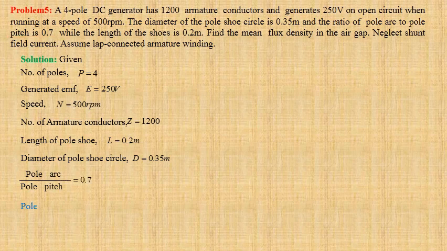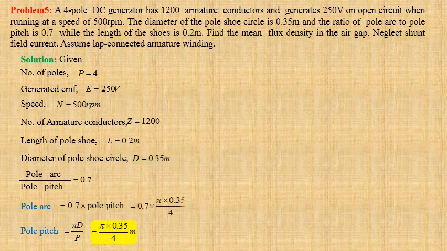Therefore, pole arc equals 0.7 into pole pitch. Let us now determine pole pitch, that is equal to πD divided by P. Using values, we get π into 0.35 divided by 4 meter. Using this expression, we get pole arc equals 0.7 into π into 0.35 divided by 4.